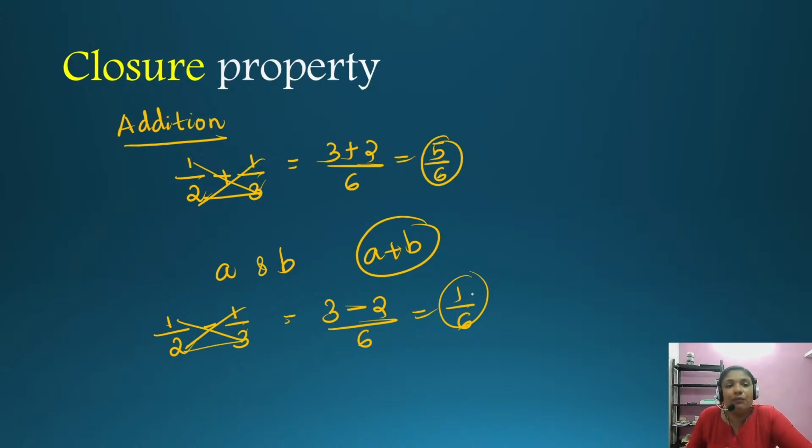Not only this, when you take the difference of any two rational numbers, you will always get another rational number, right? That is, for every rational number A and B, A minus B is also a rational number. So what does it mean? Subtraction of rational numbers satisfies closure property.